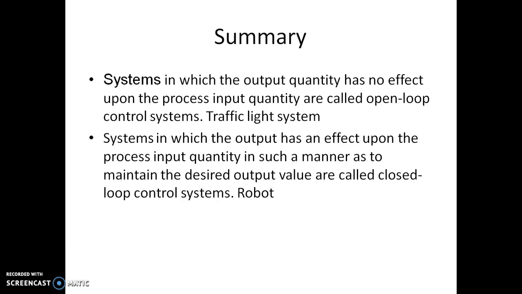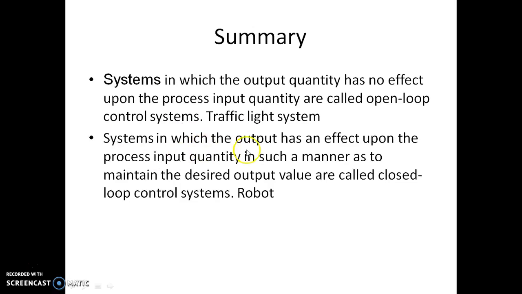So, it is not going to take into consideration whether lane 1 has to have the green light on for more time or red light on for more time. No, it is just whatever is programmed, it is going to run irrespective of whatever is the requirement.